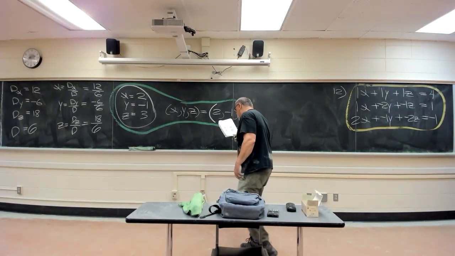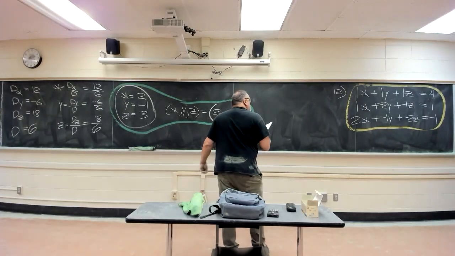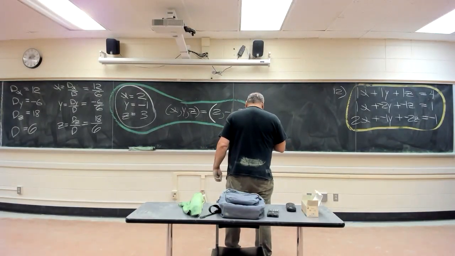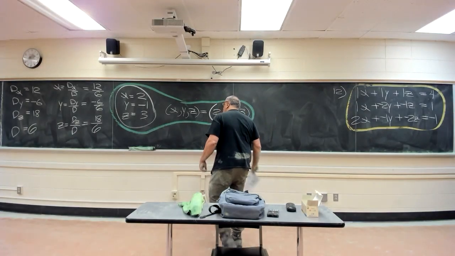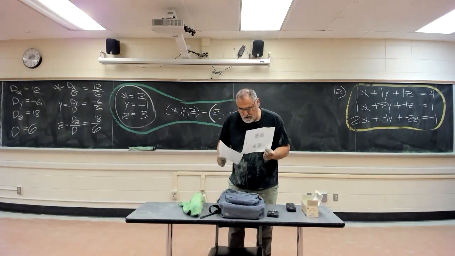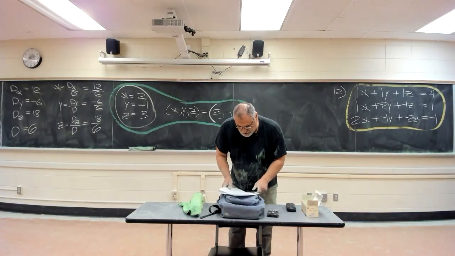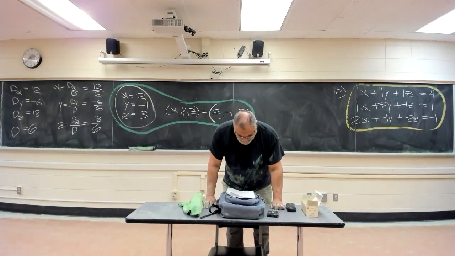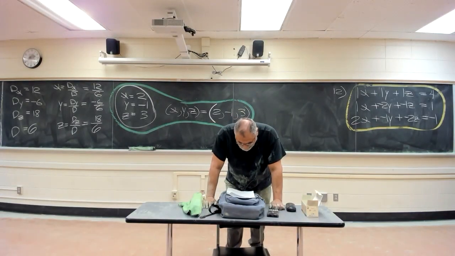So what do we got here for an answer? For number 12, we have 2 comma negative 1 comma 3. There it is. All right. That was 12. 13 and 14 are going to proceed in a very similar manner.